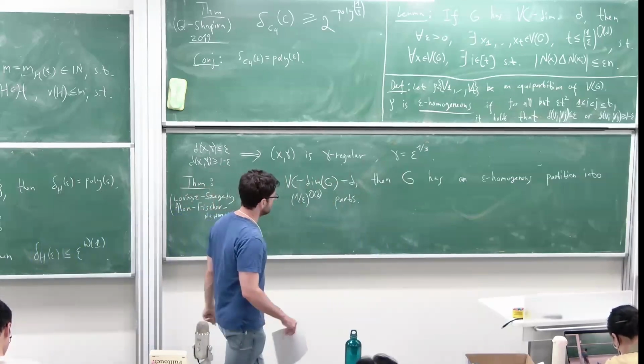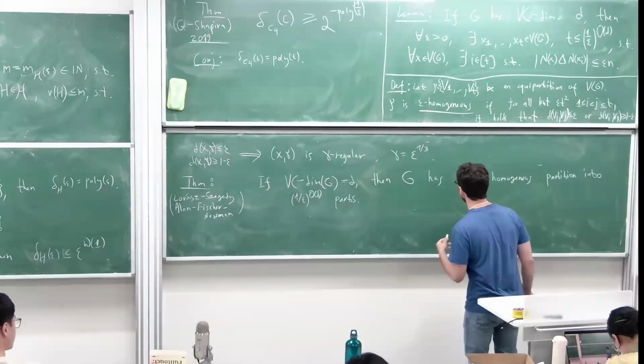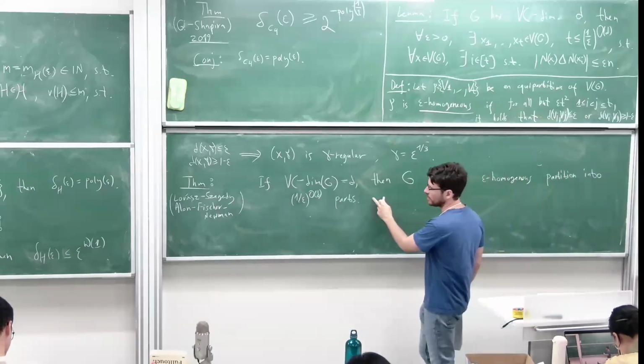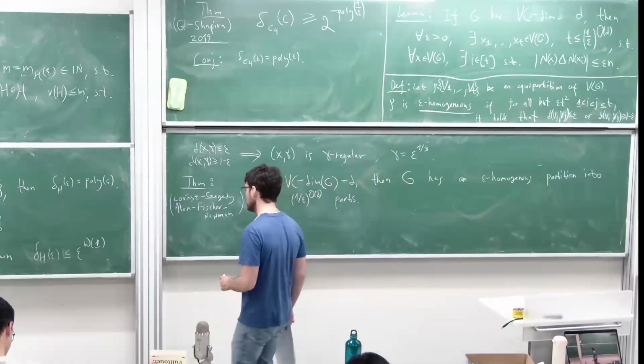So you see that bounded VC dimension is quite a strong property. It implies that there is an epsilon homogeneous partition, and also that the number of parts is only polynomial in 1 over epsilon. So let's prove this.